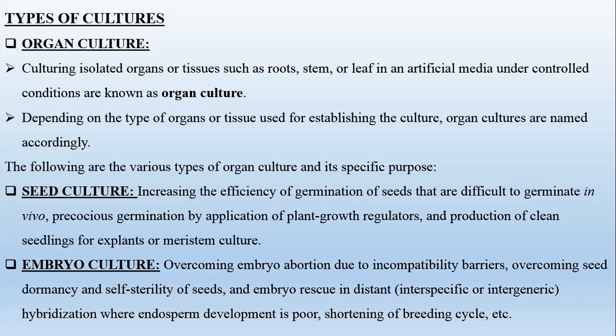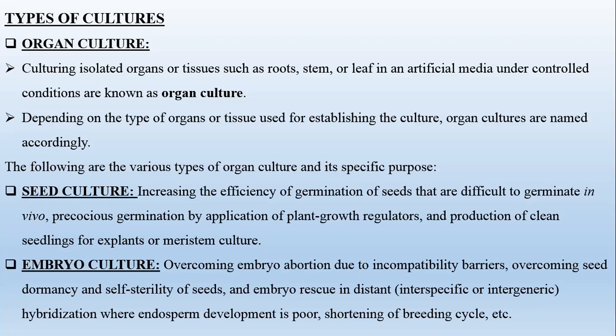The following are the various types of organ culture and their specific purposes, in which first is the seed culture: increasing the efficiency of germination of seeds that are difficult to germinate in vivo, precocious germination by application of plant growth regulators, and production of clean seedlings for explants or meristem culture.